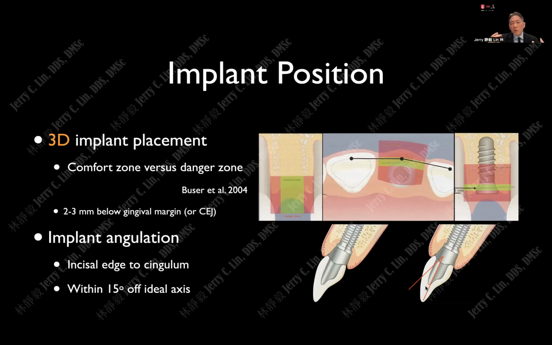However, in certain instances where we will not be able to place the implant at that position, we should try to avoid too far a flaring out of our implant position. In general, within 15 degrees of flaring out could be manageable.